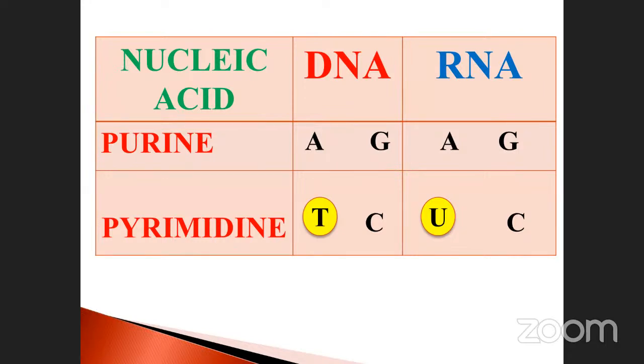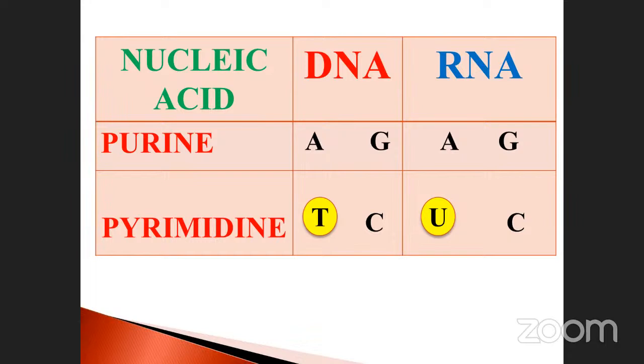In the RNA molecule thymine is not present, and in the DNA molecule uracil is not present. These two are replaced. Note it down, my dear. This is a common one: these are the common nitrogen bases, particularly uracil is replaced by thymine. Adenine combines with uracil with a double bond, and guanine combines with cytosine with a triple bond.